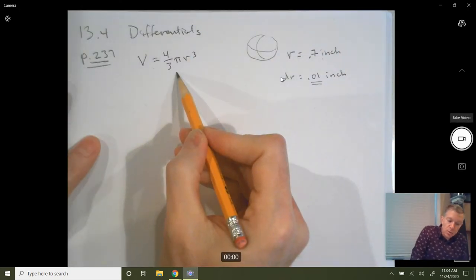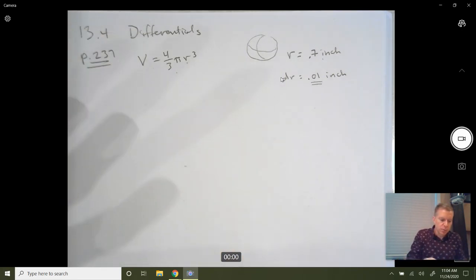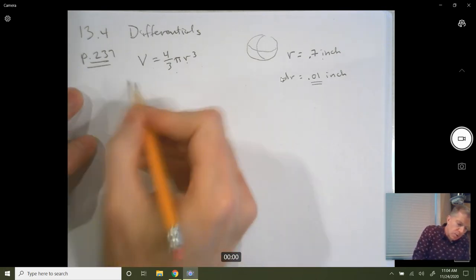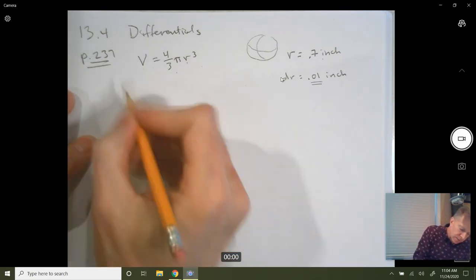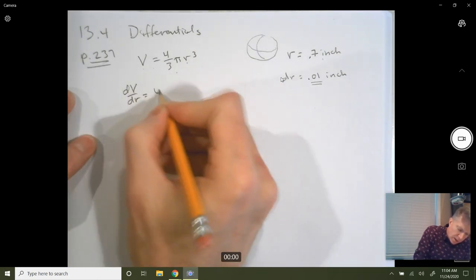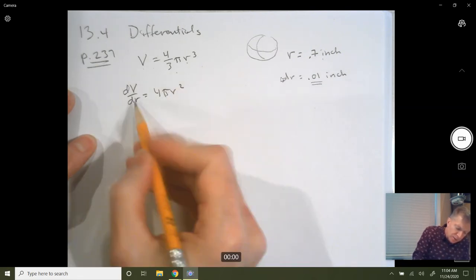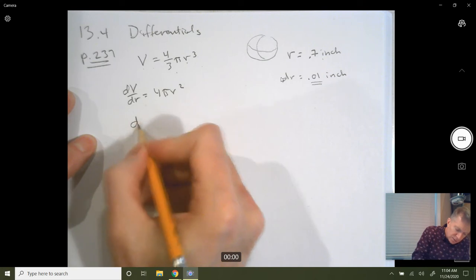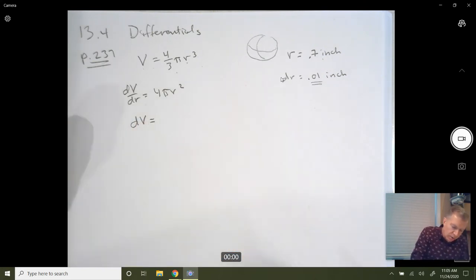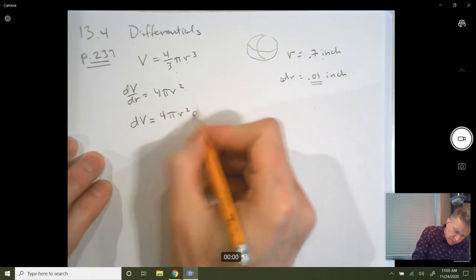Okay, there's only one variable here. So of course, in chapter 13.4, we're going to extend this to multiple variables. But what you do here, think about taking the derivative, dV/dr, which would be 4 pi r squared. And then we think about the chain rule, and this dr can come to the other side. So this dV, or this differential, is going to be our propagated error. 4 pi r squared, the dr comes over here.